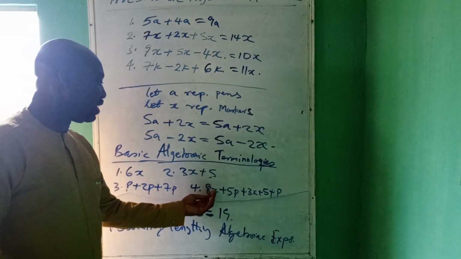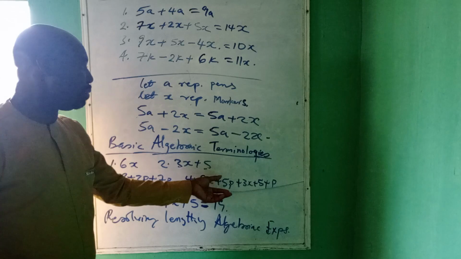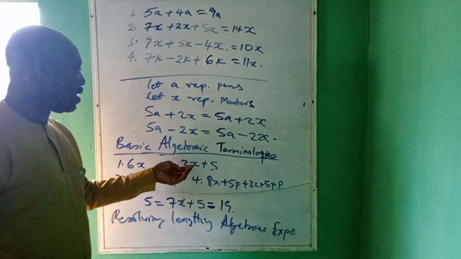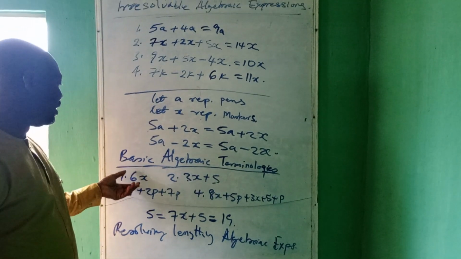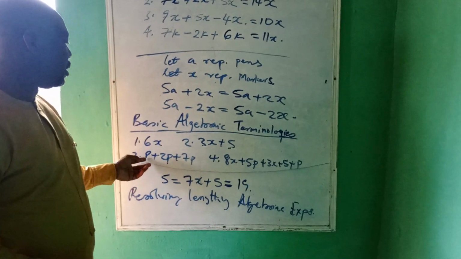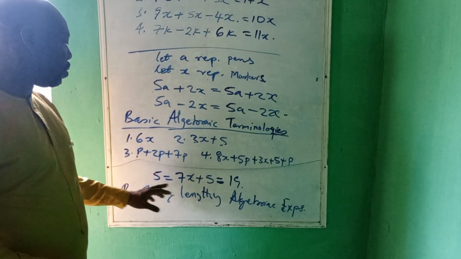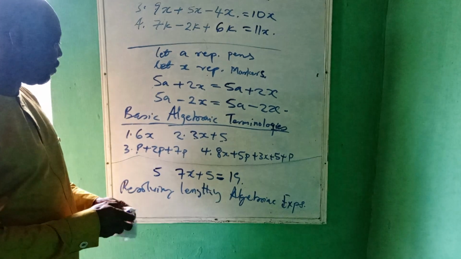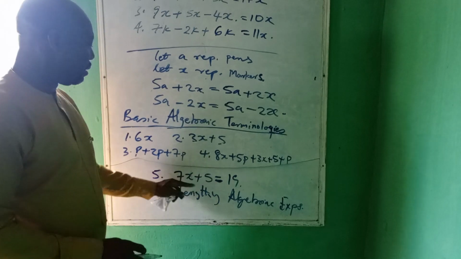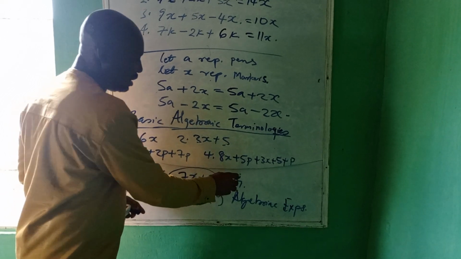The number 4 here, you see x and p. Now, this is an expression of both x and p terms and a constant. This is an expression of an x term and a constant. This is an expression containing only an x term. This is an expression containing 3 p terms. And this is an equation because of this equal sign. When you see any equal sign in algebra, this is an expression and this is a number.